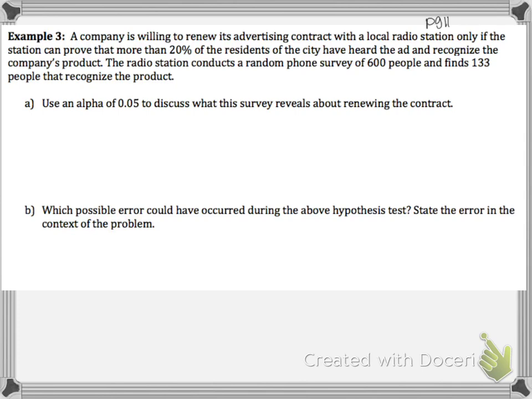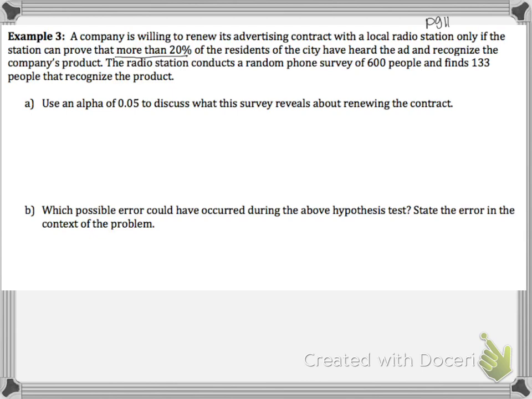A company is willing to renew its advertising contract with a local radio station only if the station can prove more than 20% of the residents of the city have heard the ad and recognized the company's product. So here we have more than 20%. Ooh, that is a percentage. So we have been provided with a percentage and a direction for a null hypothesis. This is looking very much like a 1 prop Z test.